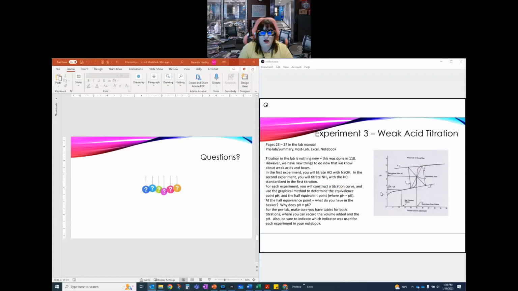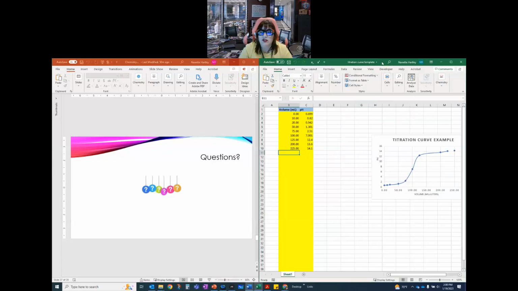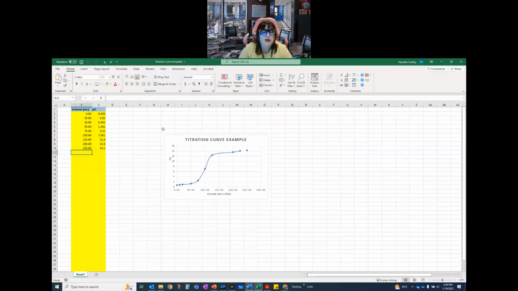As far as other things that are going to be talked about, you're expected to draw a titration curve for each of these. You've been given a sample titration curve. This is a titration curve template. You just want to put that data in here and have it do the drawing for this one. You'll need to do one for this second experiment as well.